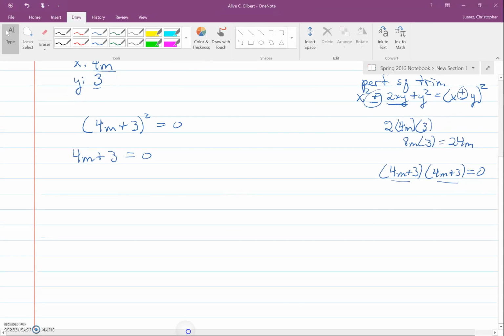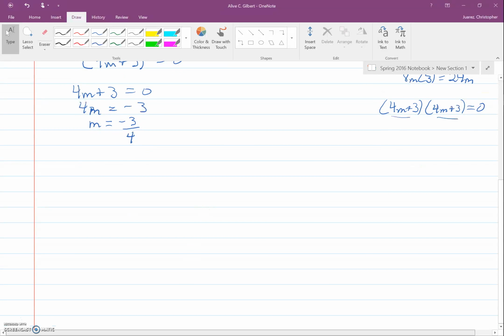So first subtract the 3, and I get negative 3, and then divide by 4. Let's just check this one.